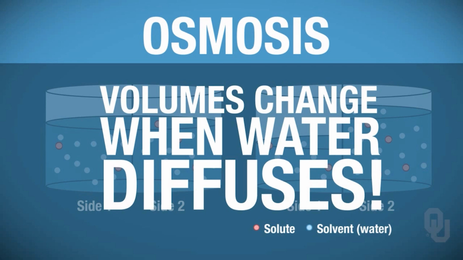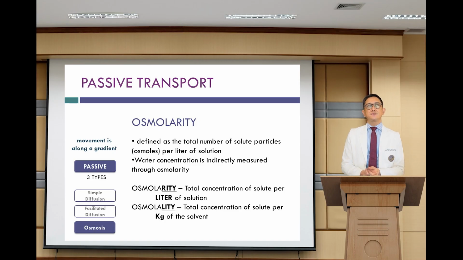We've discussed osmosis. We're going to talk about osmolarity. Osmolarity is defined as the total number of solute particles, osmoles per liter of solution, and water concentration is indirectly measured through osmolarity. So this is the unit we use when we talk about osmosis. Osmolarity is the total concentration of solute per liter of solution.